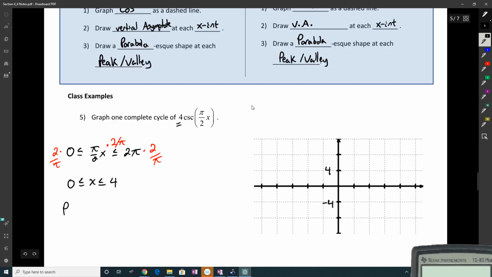So here my period is 4. Each quarter is just a fourth of that, and a fourth of 4 is 1. So each tick mark, if I want to make an accurate graph, should be 1. That's pretty nice.